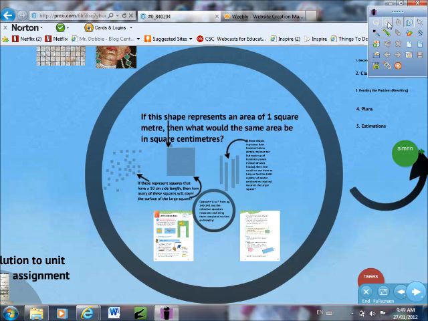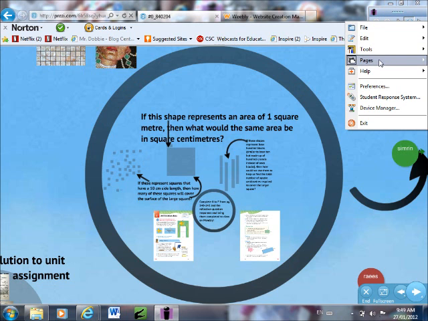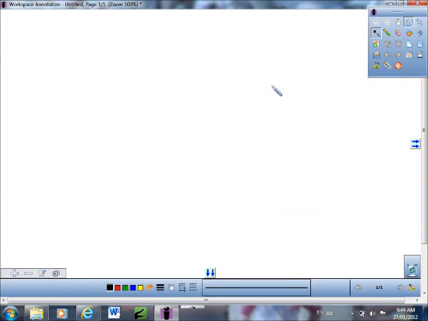Now, let me see if I can help add a little bit more information. Basically what we've been talking about is the relationship between centimeters and meters.